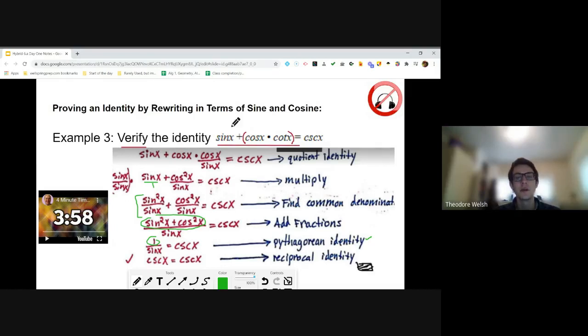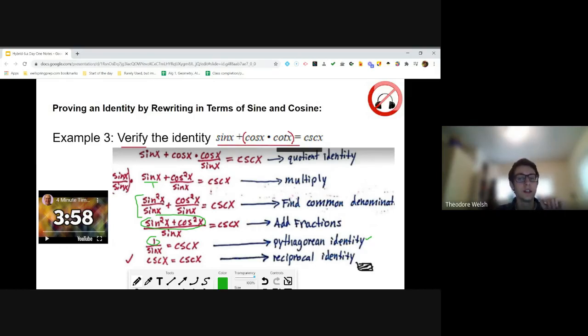So as I look at this problem initially, it's a little hard to tell exactly what to do. So sometimes you just have to try things. And we tried converting, we tried putting things all in the same fraction, and it did work out. That's not always going to be the case. Sometimes you might get to a point where you're not really sure where to go from there. That doesn't necessarily mean that you need to start over.